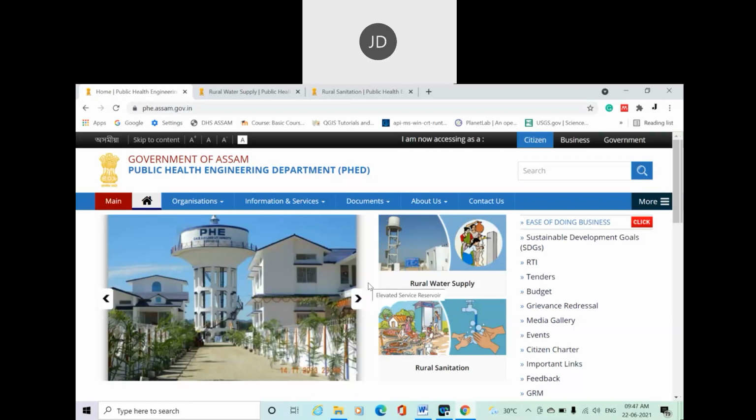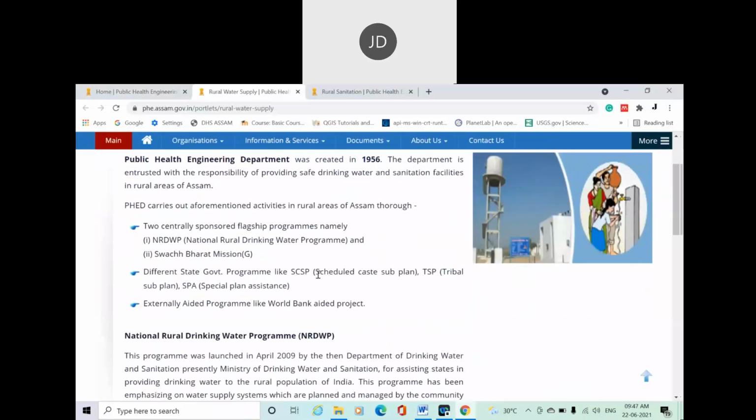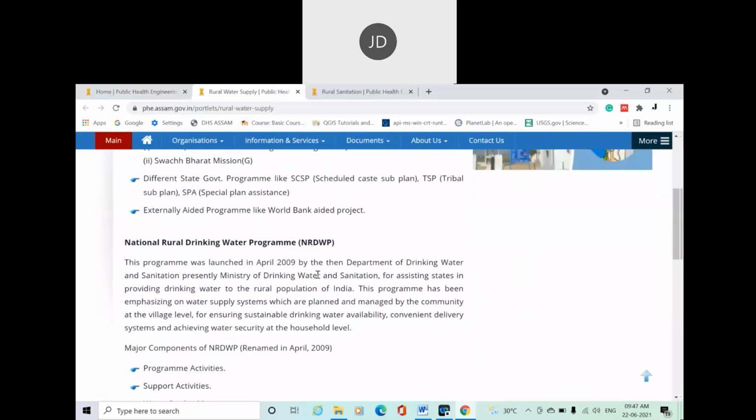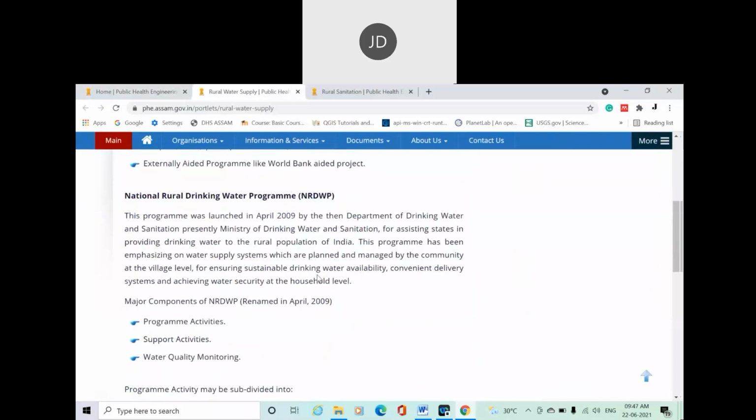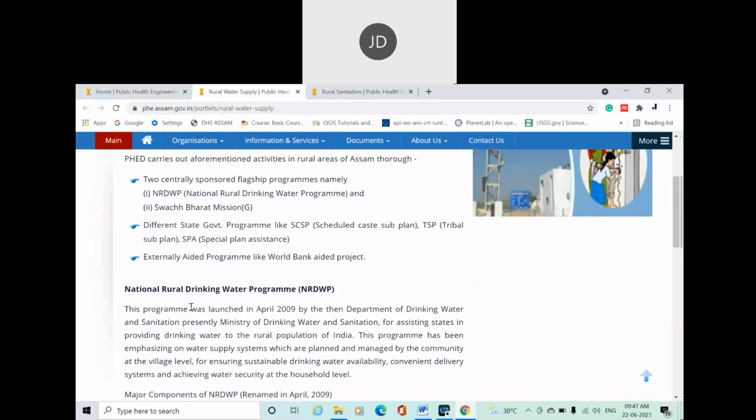You can also go through your own government website and find almost a similar aim. When I open rural water supply and rural sanitation individually, you can see that under rural water supply there are different schemes and programs that have been going on even till now, like the National Rural Drinking Water Program.